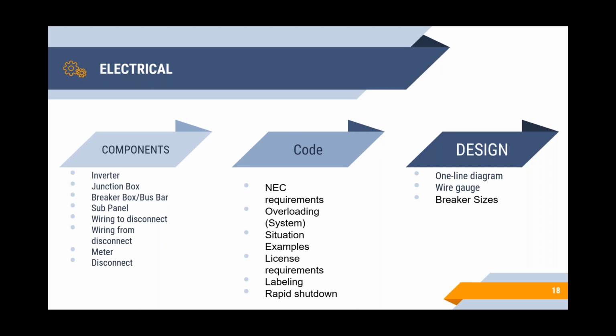And then design: a one-line diagram basically showing a map of how your wiring and your system goes, so that it can be presented to the utility, will be done. Wire gauge selection, and then breaker sizes as well.